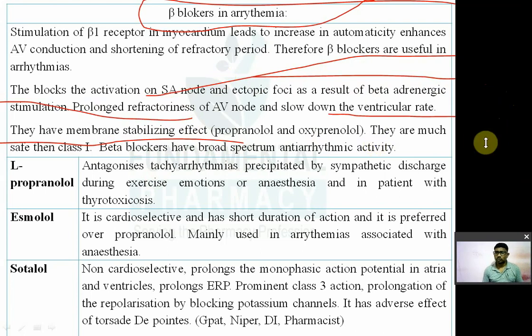These two drugs have a membrane stabilizing effect in addition to beta blocking activity. They are safer drugs than class 1. Beta blockers have a broad spectrum of anti-arrhythmic activity. Remember this too. Now let's look at the individual drugs.